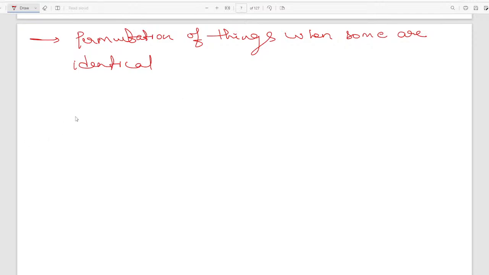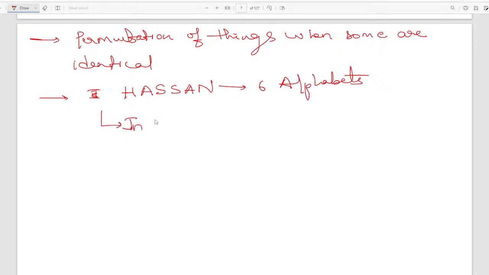For example, let me take a word, HASSAN. So this word is made up of 1, 2, 3, 4, 5, 6 alphabets. And if they ask you in how many ways can the alphabets be arranged?